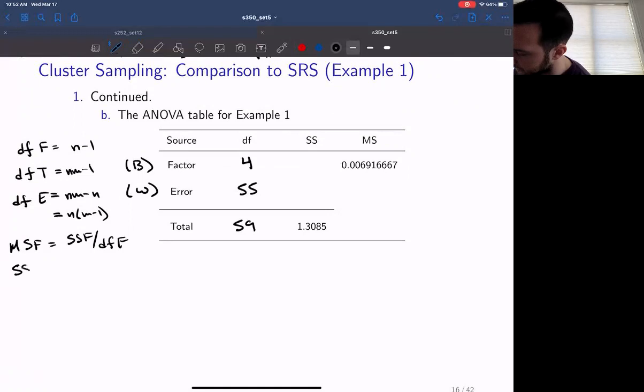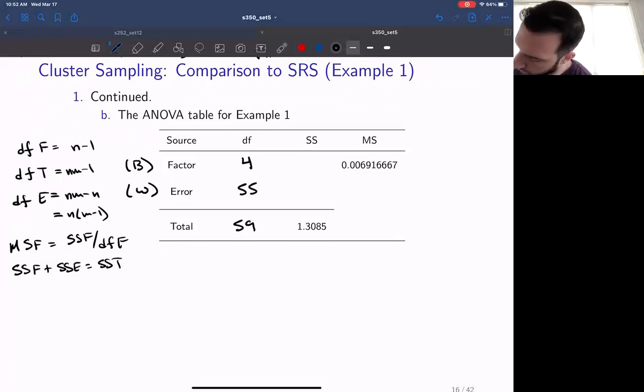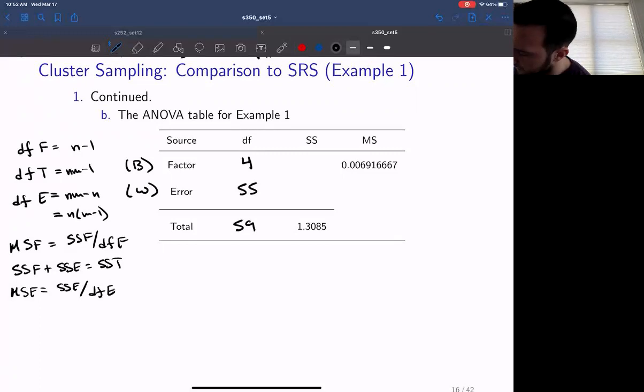We also know that SSF plus SSE is equal to SST. So once we have the SSF, we can get the SSE. And it's also worth pointing out that the MSE is going to be the SSE over the DFE. So that's the standard ANOVA formula that we can utilize to calculate our values.